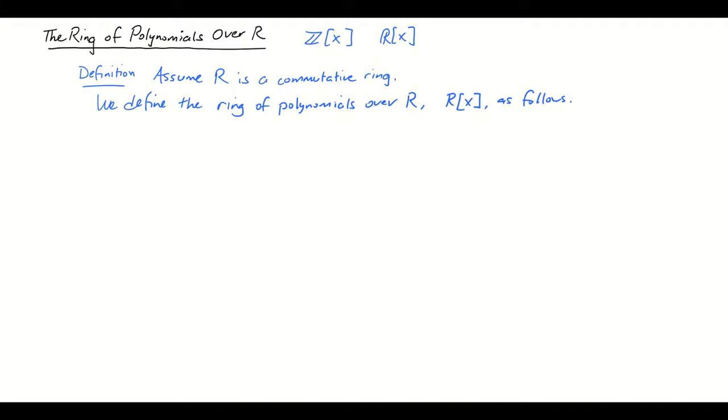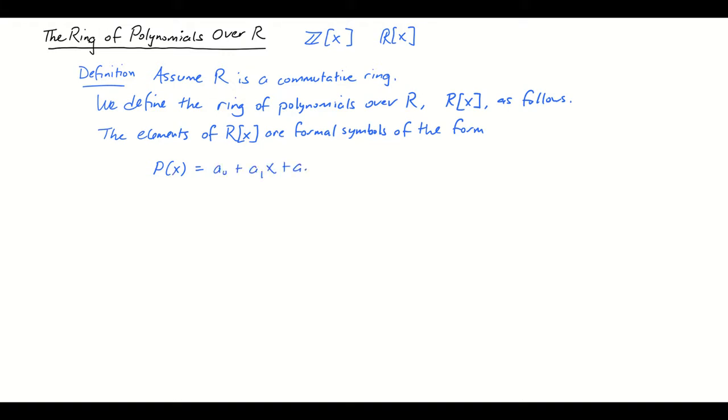So first of all, what are the elements of R[x]? The elements of R[x] are formal symbols of the form P(x) equals something like this.